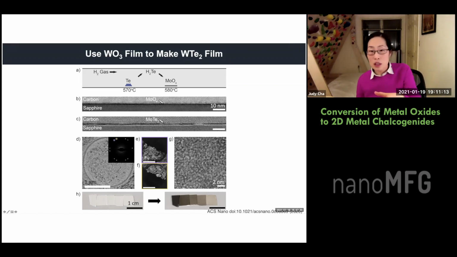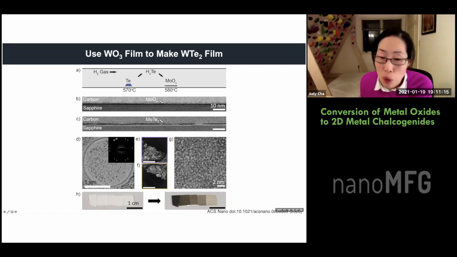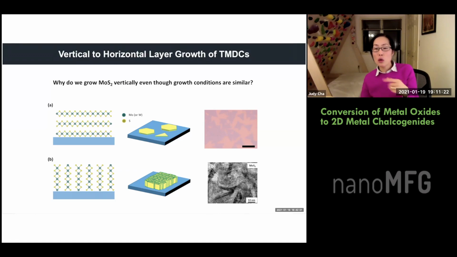The growth product is much more robust to the growth parameters compared to co-evaporation of metal precursor powder with chalcogen powder. Here, as long as you load up with chalcogen at a weight ratio of 1 to 300, with 300 being the chalcogen, then usually you can reproduce it fine.